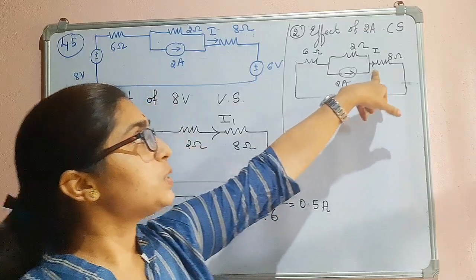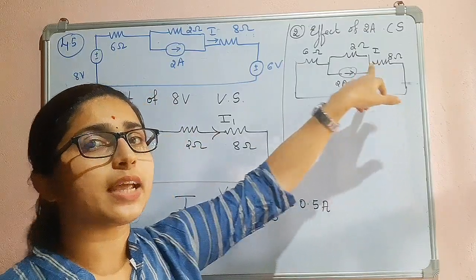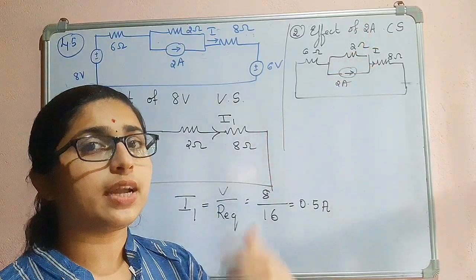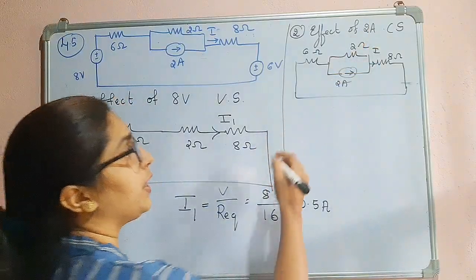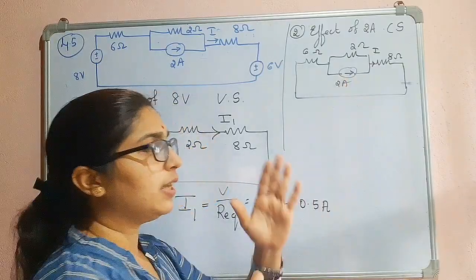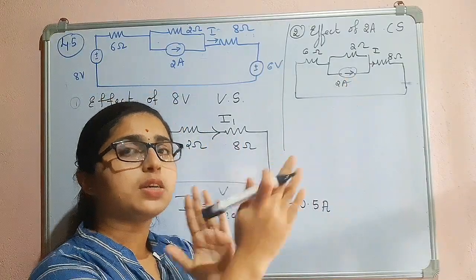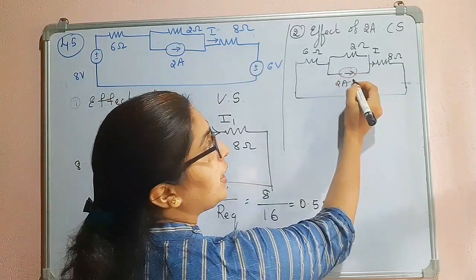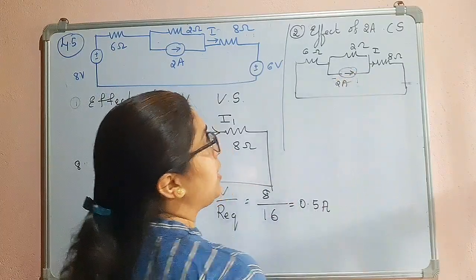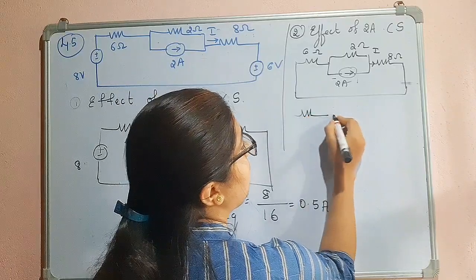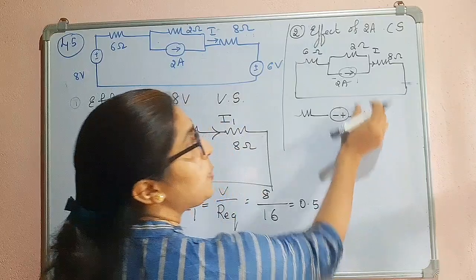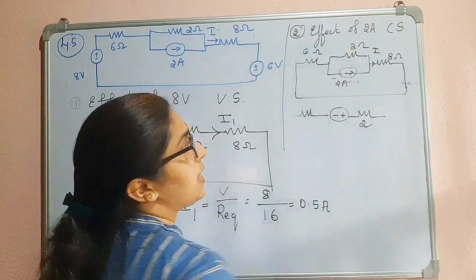I can convert this current source to a voltage source using the source transformation technique. Internally, the direction of the current will be towards the positive terminal, from negative to positive. If it is directed like this, I will get plus here, minus here. So I will replace this with minus, plus, and the resistance value will not be changed.